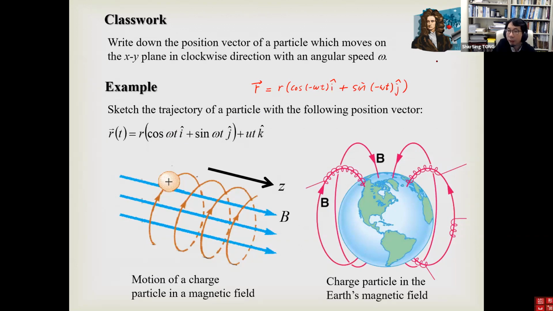If you write this, that means now the angle is given by minus omega t, where omega, of course, is not, sorry, I made a double negative.